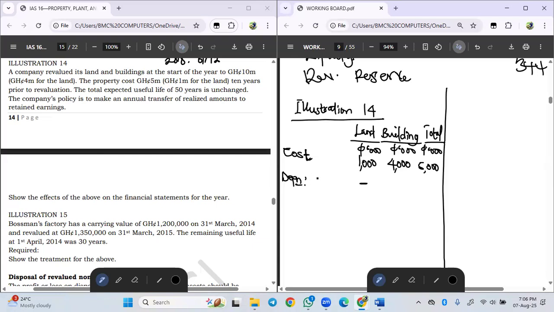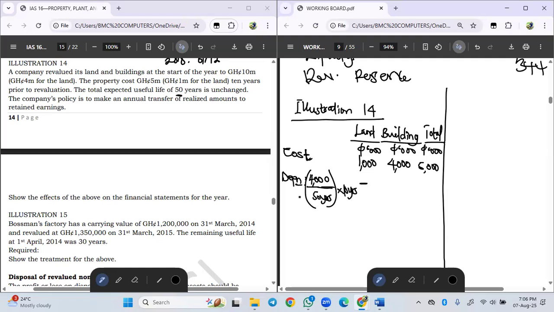The annual depreciation charge for building will be 4,000, because we know the formula already: the cost, there's no residual value, over the useful life. The useful life as at that date is 50 years. As I said, we have to determine the accumulated depreciation, and they said 10 years prior to revaluation.